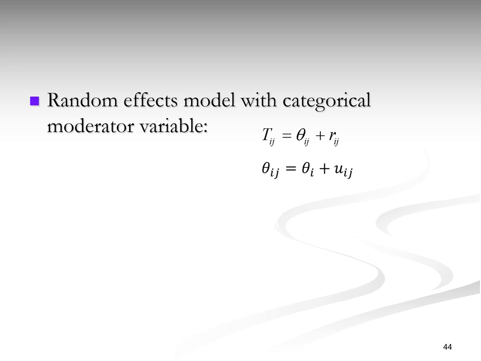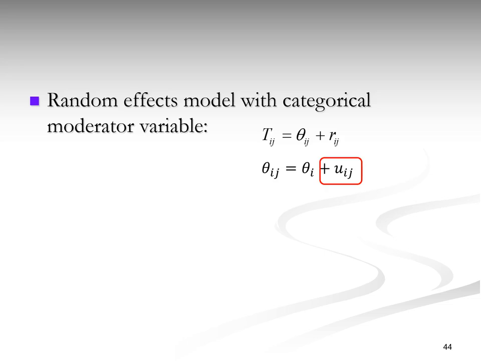But in both models that we have seen, there was no residual u. Which means that we assumed in that analysis of variance that there may be differences between categories of studies, but within categories, population effect sizes are the same.